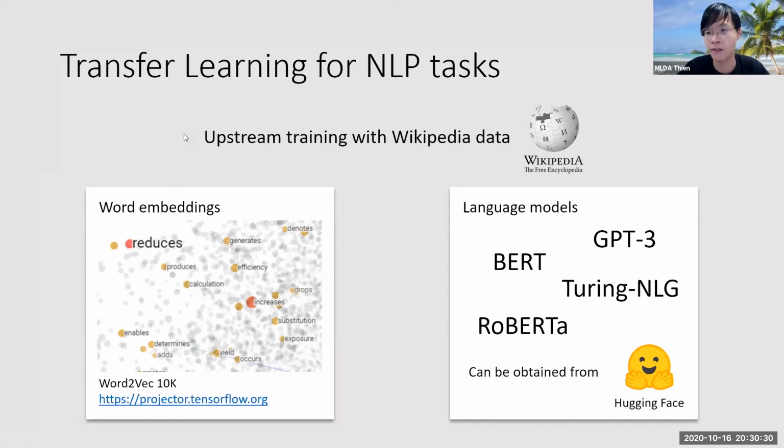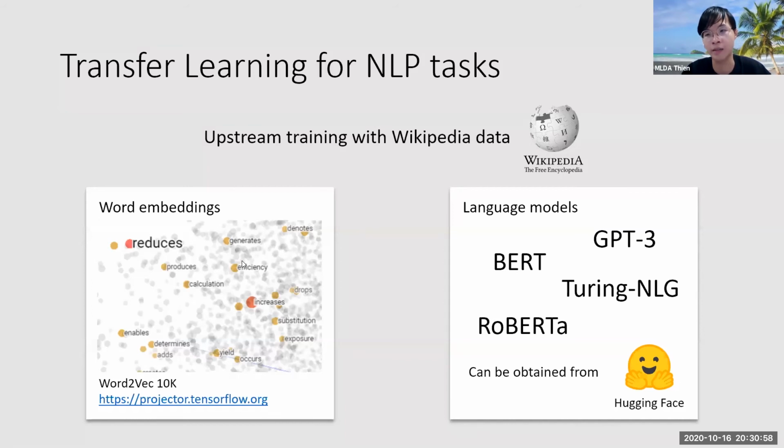Some of the NLP stuff is word embeddings. A word embedding is basically a vector representation of words, so the words having similar meanings will stay closer to each other. You guys can click into this to see some visualization. I took a screenshot here, so you can see increases and reduces, they are like opposite meaning, so they should be kind of close to each other.